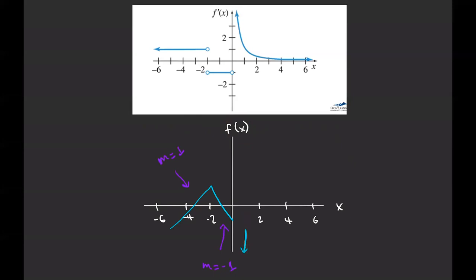And then as I read through the rest of this right here, the slope stays at a positive value, right? So the values here are all positive, but those values are decreasing, which means that my slope needs to stay positive and the values need to decrease.